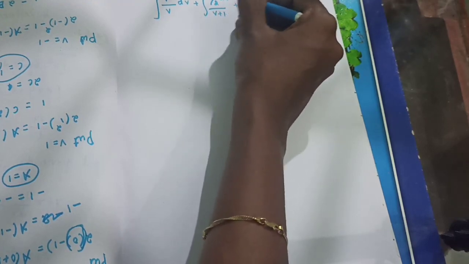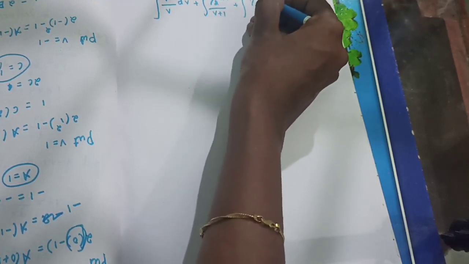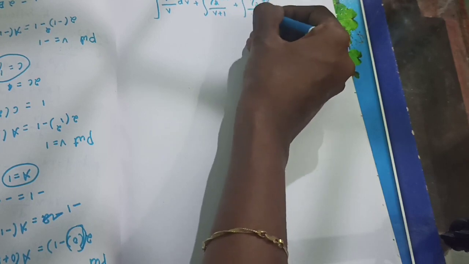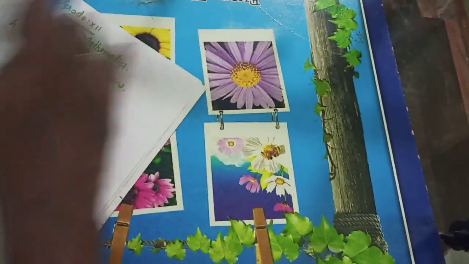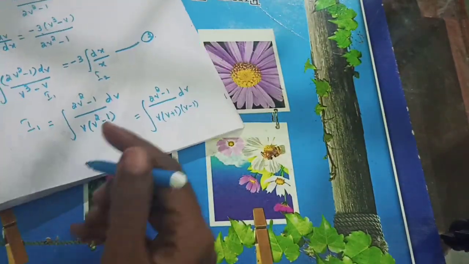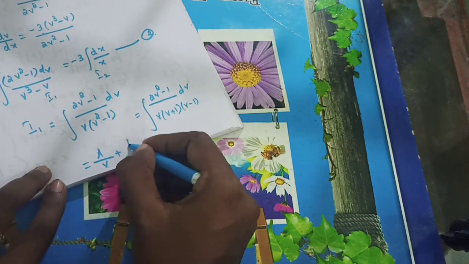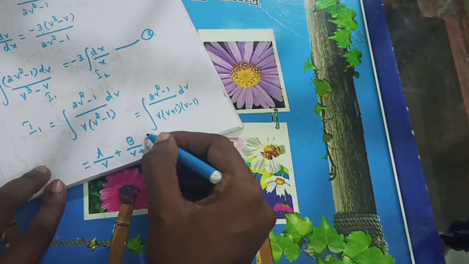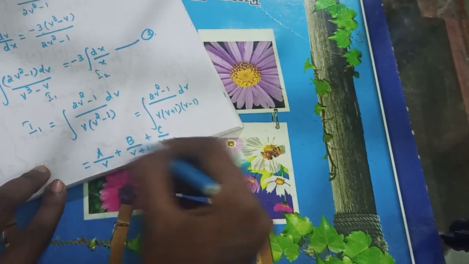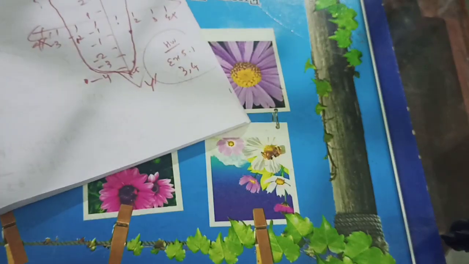Then plus integral of C, 1 by 2, dv divided by (v minus 1). Before that, here you need to write one more step, otherwise you will get a lot of confusion. So here you split it and write A by v plus B by (v plus 1) plus C by (v minus 1). Here only we are substituting the particular values.